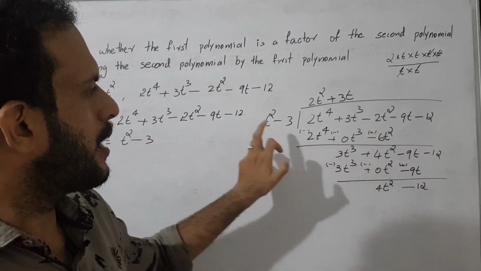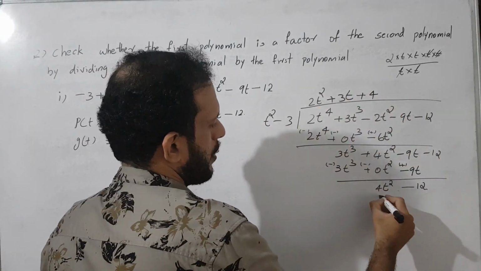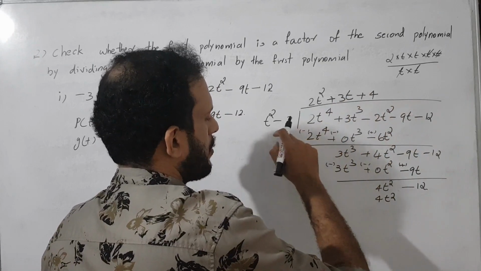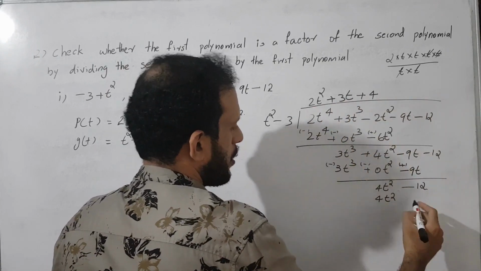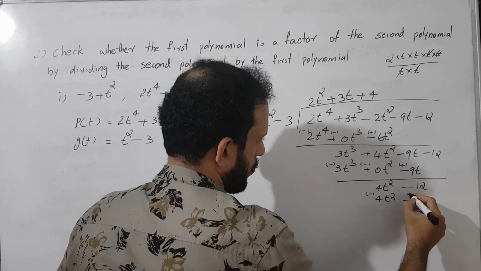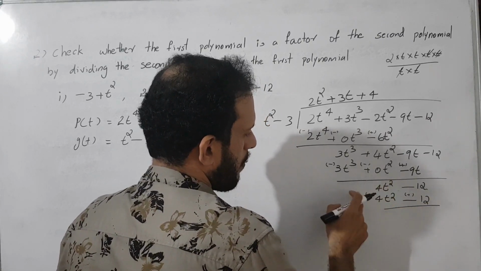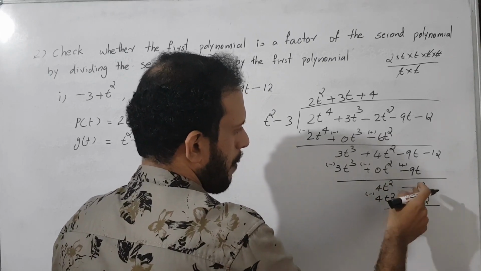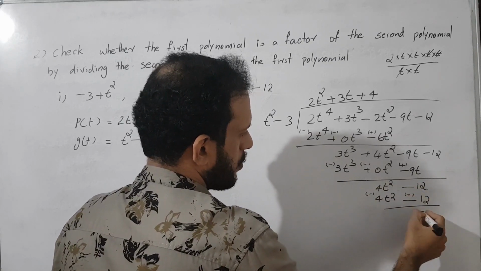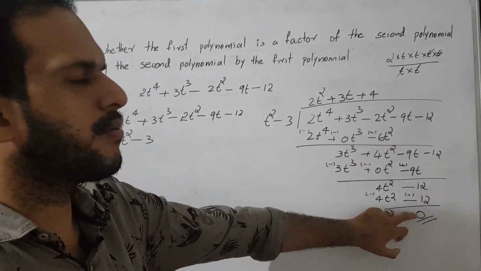Then 4t square divided by t square is plus 4. 4 into minus 3 is minus 12. Then this one is minus, this one is plus. So 4t square minus 4t square, 0. Minus 12 plus 12, 0. Correct? That means we got it, the remainder is 0.